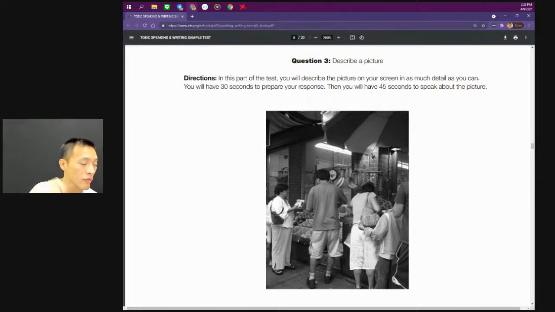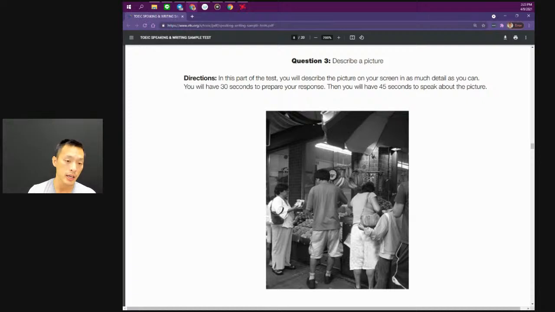Or for example, you could say that the lady all the way to the left is holding a lot of bananas for one person to eat. So I would guess that she's buying it for her family. That's a kind of thing that you would go into the details on as well. So those are the tips and tricks that I could give you for this kind of question.